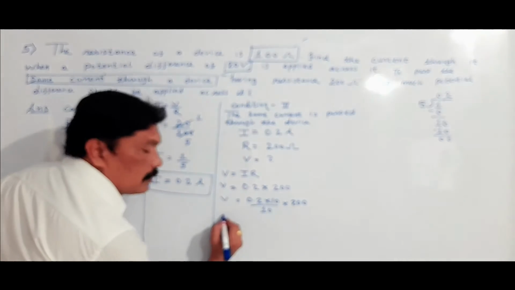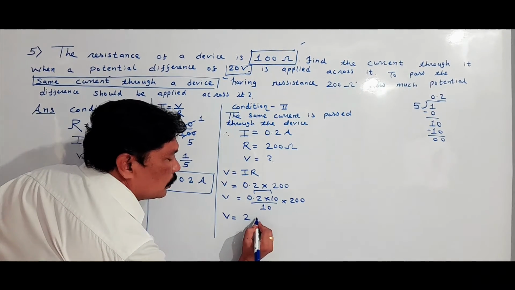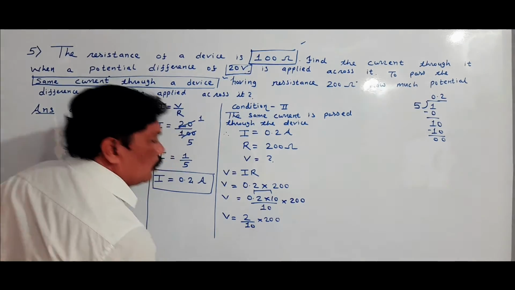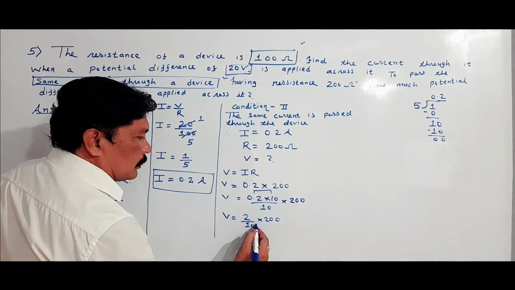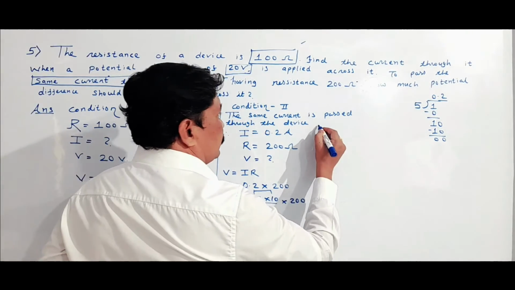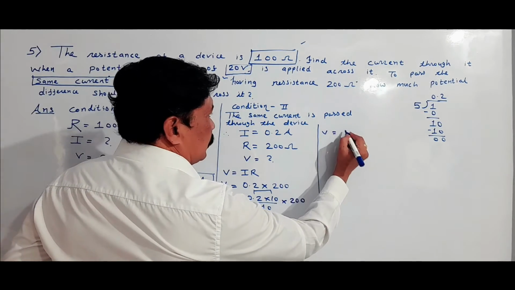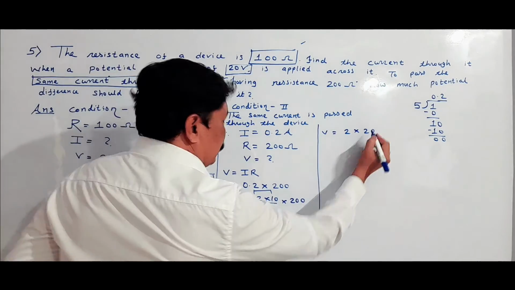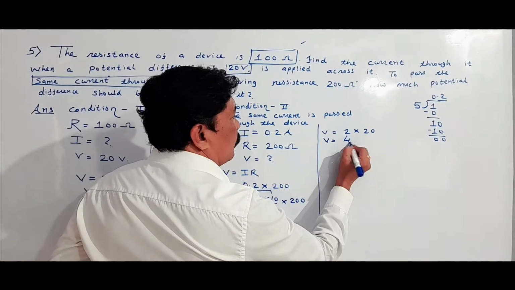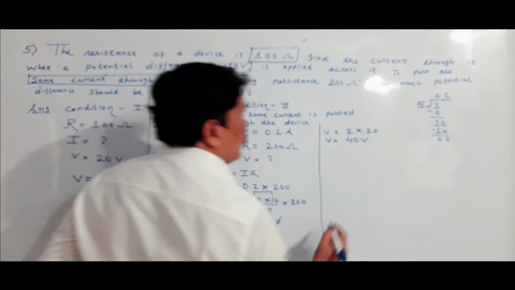So we can write V is equal to, point is removed, 2 upon 10 into 200. 0 0 cut. V is equal to 2 into 20. V is equal to 40, and the unit of potential difference is volt.